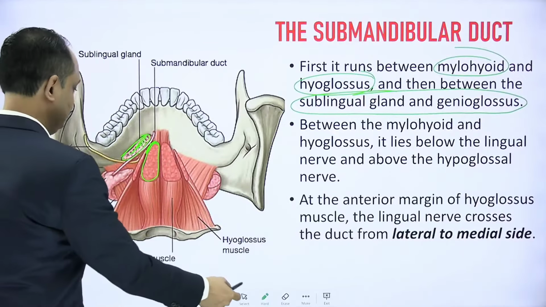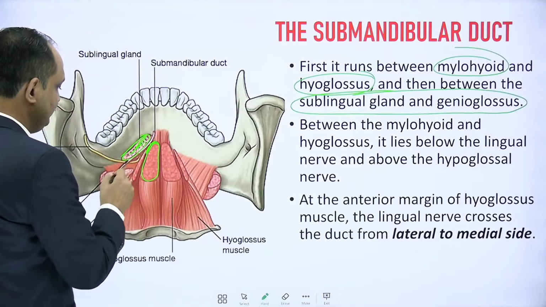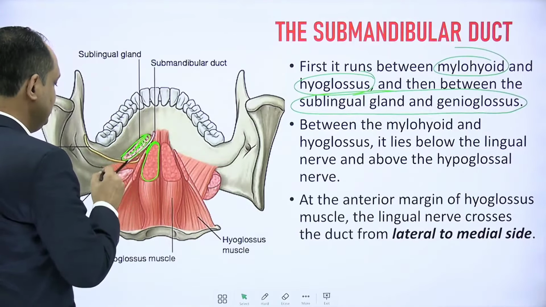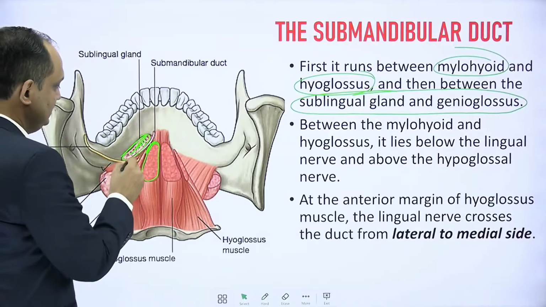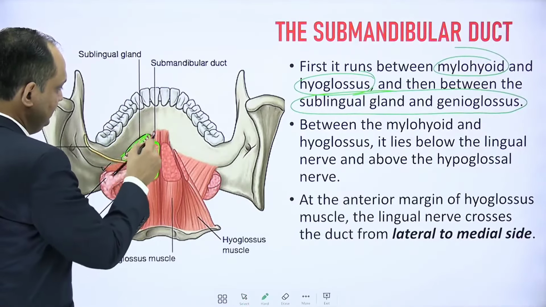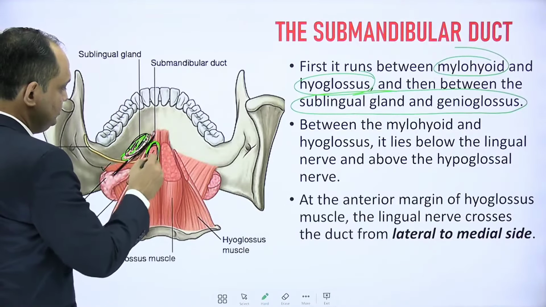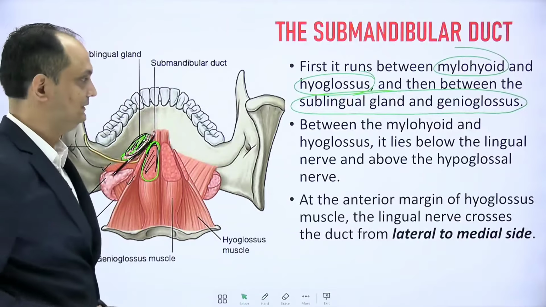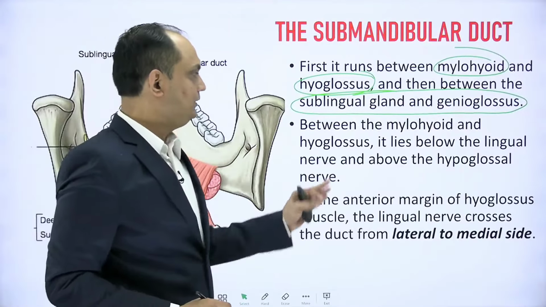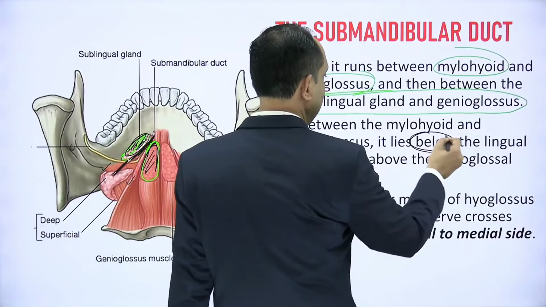So this duct which is present here is first related with the mylohyoid and hyoglossus, but in this anterior part it lies between the sublingual gland and the genioglossus muscle. Now, the important thing is that it has an important relation with the lingual nerve.